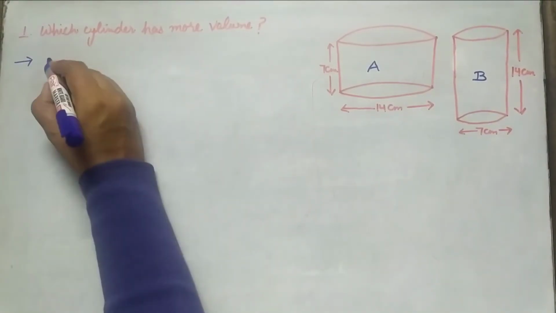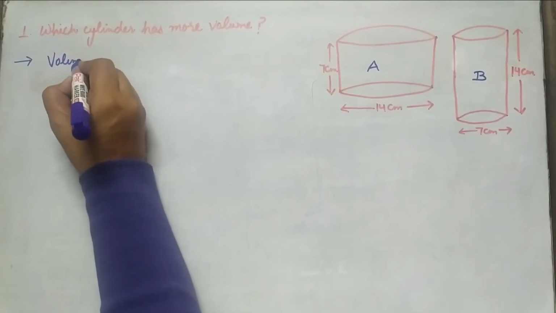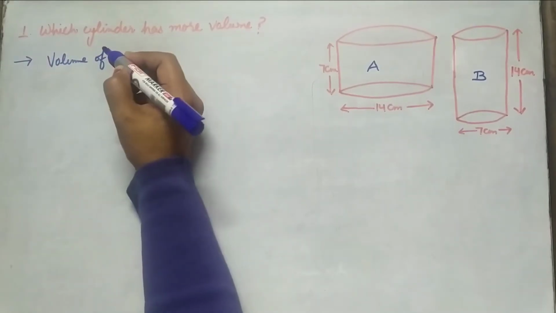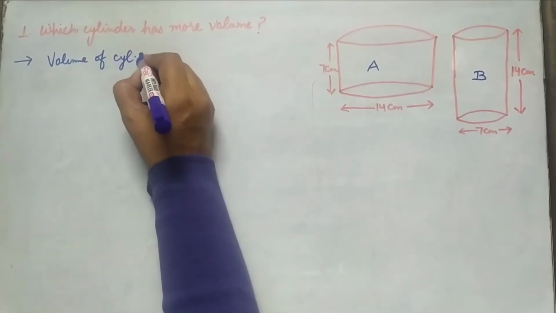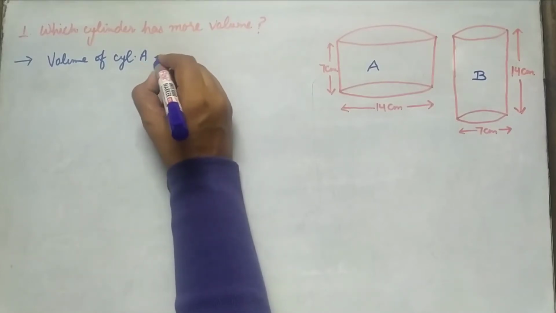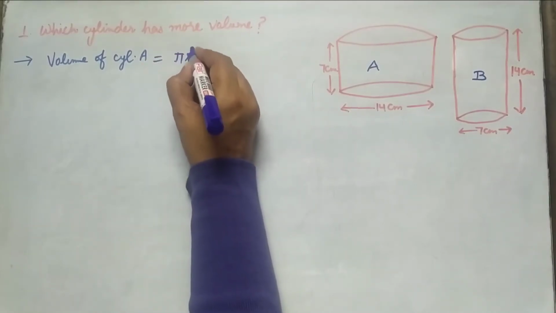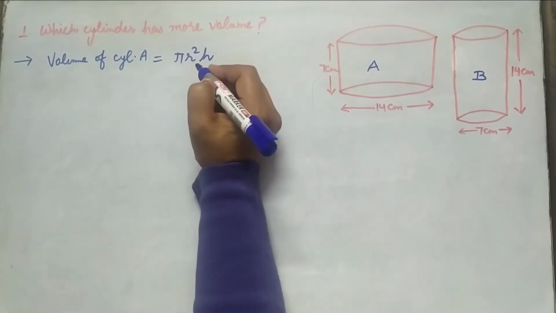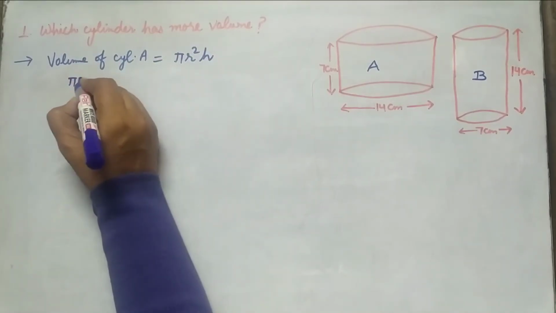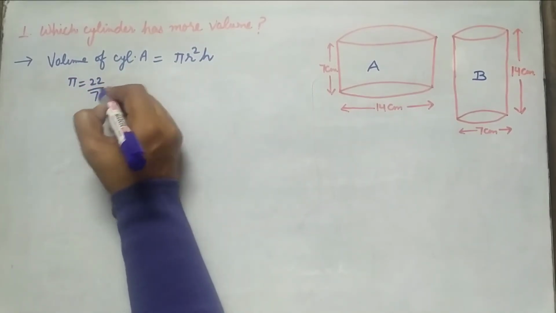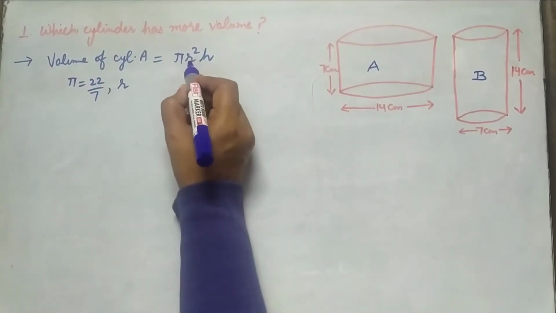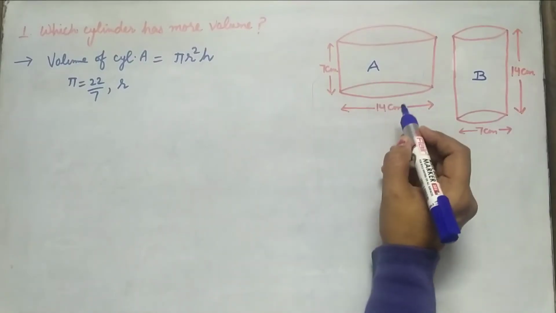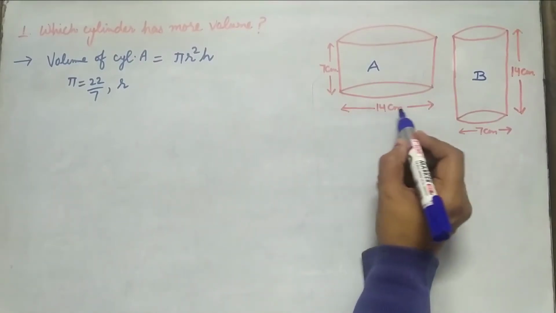We have volume of cylinder A. The formula is pi r square h. We take pi as 22 by 7, r the radius of A. Here diameter is given.